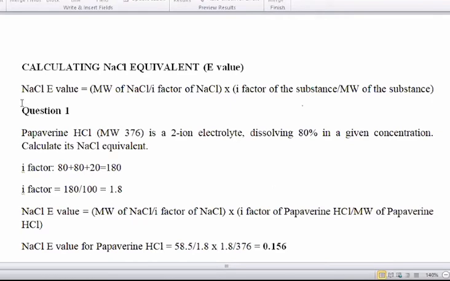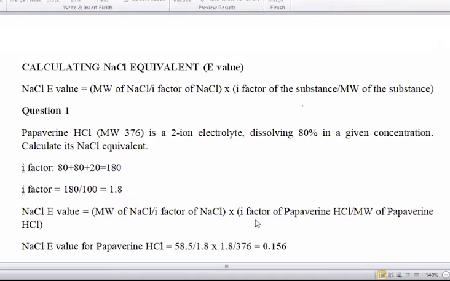It means the E value of papaverine is 0.156. So this value is important, more especially when you are told to prepare an isotonic solution and you have not been given the sodium chloride E value for a substance.